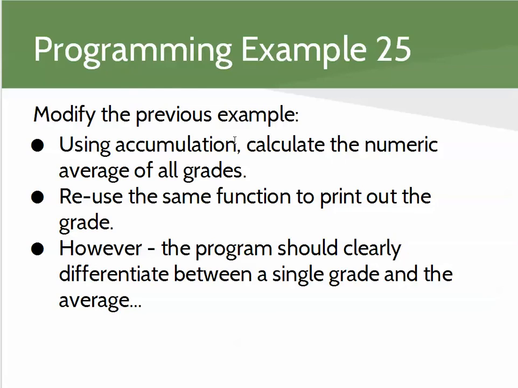Now the thing is I want to use the same function to figure out the letter grade, not only for the grades the user types in, but also for the average. And I want the program to clearly differentiate between when it's printing out a single grade and the average. So let's start by simply modifying program 24 so it uses a loop and it actually reads in a series of numbers instead of just one.